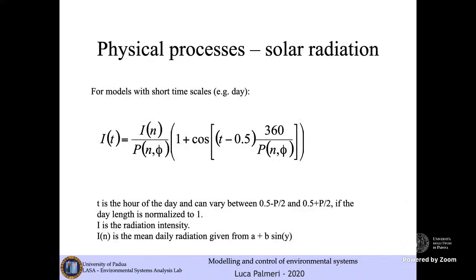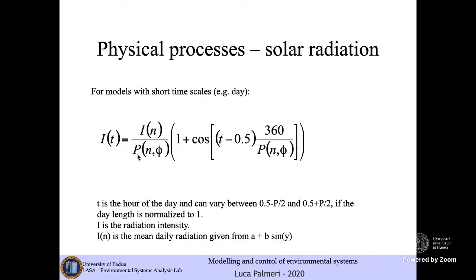In this case, we obtain quite a detailed model that describes the intensity of solar radiation as a function of the day of the year through intensity N, that is the mean daily radiation, but depends on the yearly angle epsilon, normalized by the photoperiod.